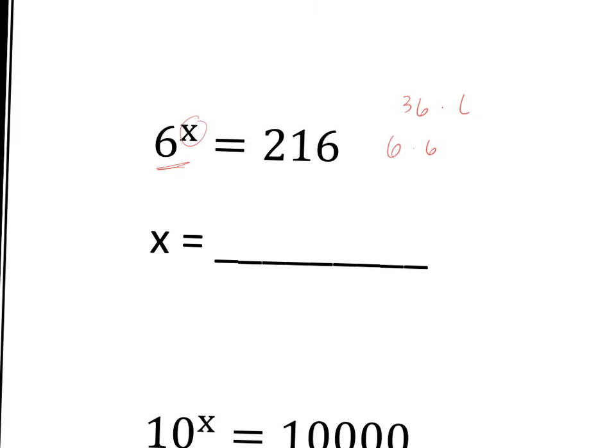Now if you take your calculator, what is 6 times 36? 216, right? Okay, so that is equal to 6 to the third what? Power. I want to see your numbers written out. Can you use a calculator to figure this out? Yes, you can. Okay, so x is equal to 3. Everyone go ahead and fix that on your paper.